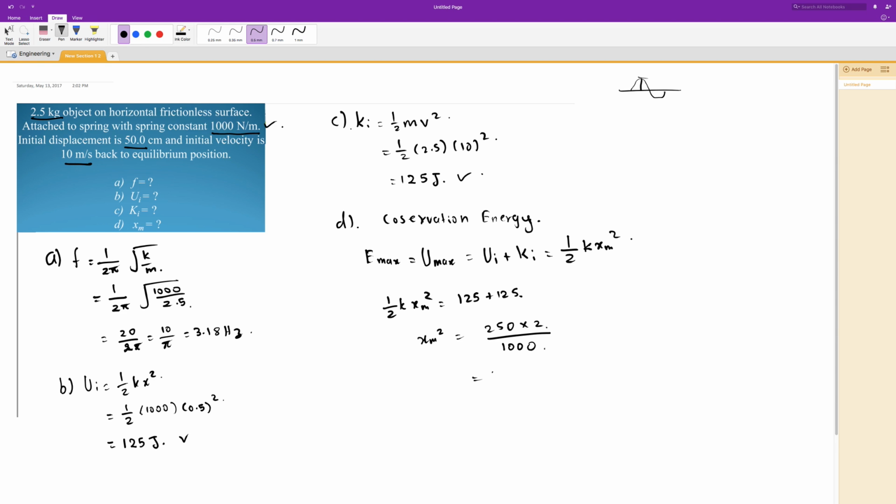So this is going to be 500 over 1000, that comes out to be 1 over 2, and this is xm square, so we have to find xm. What we can do is simply take the square root and find the answer. So this is going to be the square root of 1 over 2, and that gives us 0.707 meter, which is also equal to 70.7 centimeter, and that's the final answer.